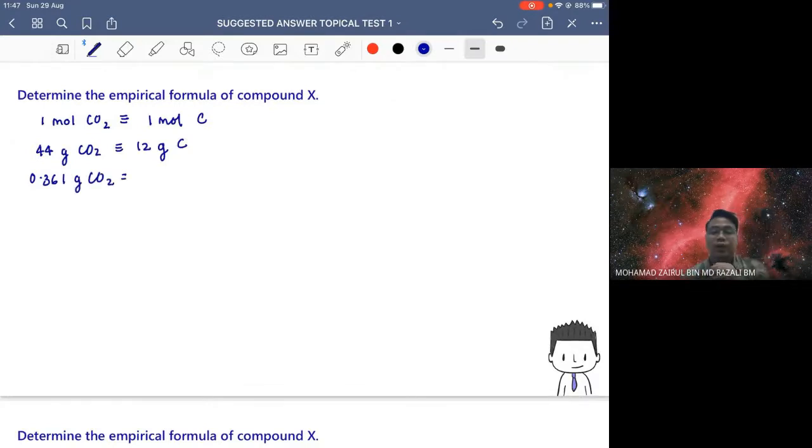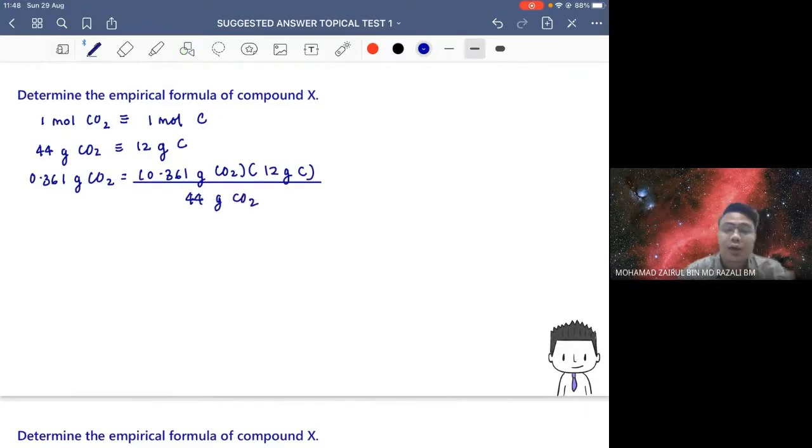So in order to find the mass of carbon, we're going to use ratio. So 0.361 gram CO2 multiplied by 12 gram carbon divided by the 44 gram of CO2. Okay, reason saya suruh awak masukkan sekali dia punya unit adalah supaya awak boleh tahu yang mana awak kena cancel out.